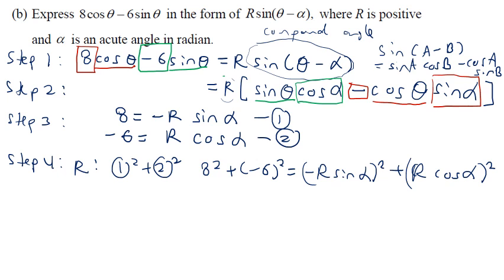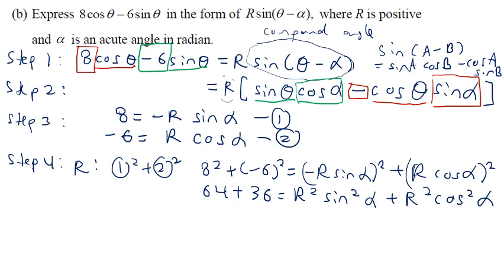So here we got 64 plus 36. So the right side here we got r squared sine squared alpha plus r squared cos squared alpha. So the left side here we got 100, and the right side here is r squared.